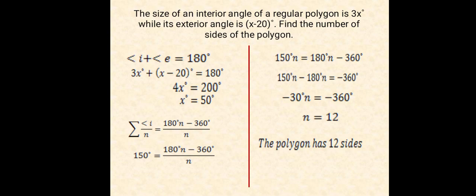So 180 degrees n minus 360 degrees, divided by n, we should get 150 degrees, which is the size of one interior angle. Now solve for n, we get that n is 12, which means the polygon has 12 sides.